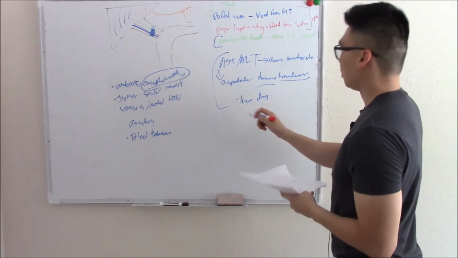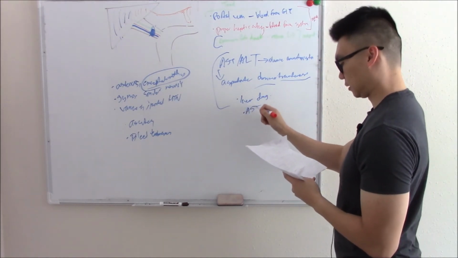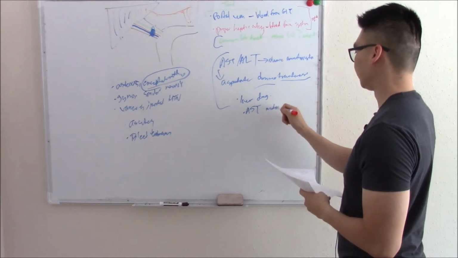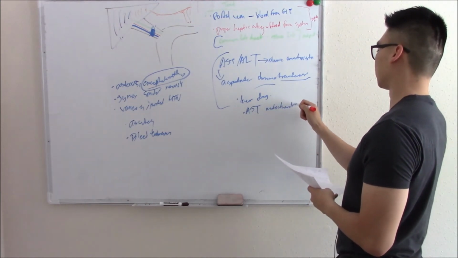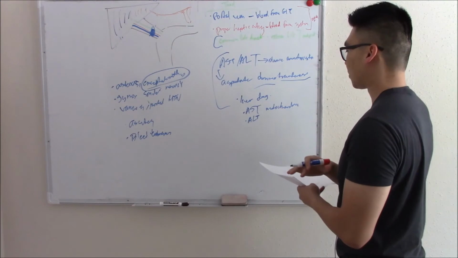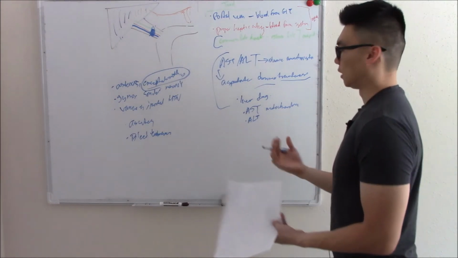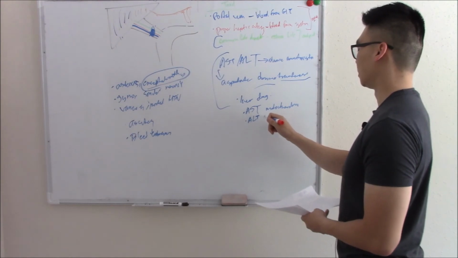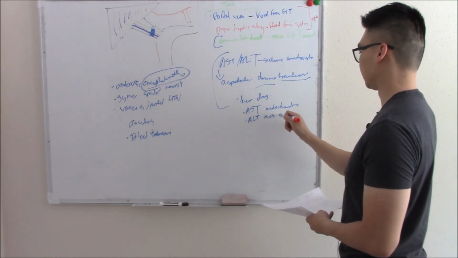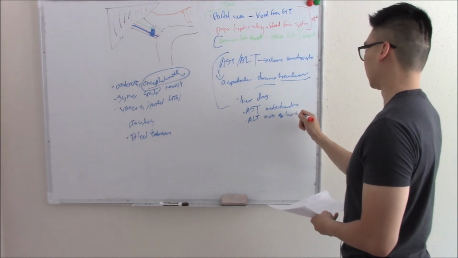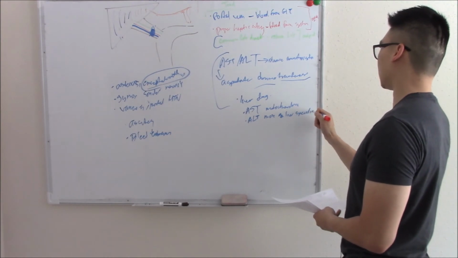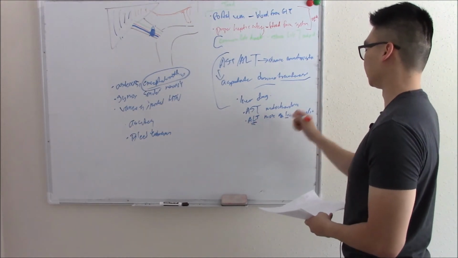Something you should know is that AST is found more in the mitochondria. ALT will not be exclusively liver specific, but it is at least more liver specific than its counterpart. The way I remember is there's an L in ALT, there's an L in liver.